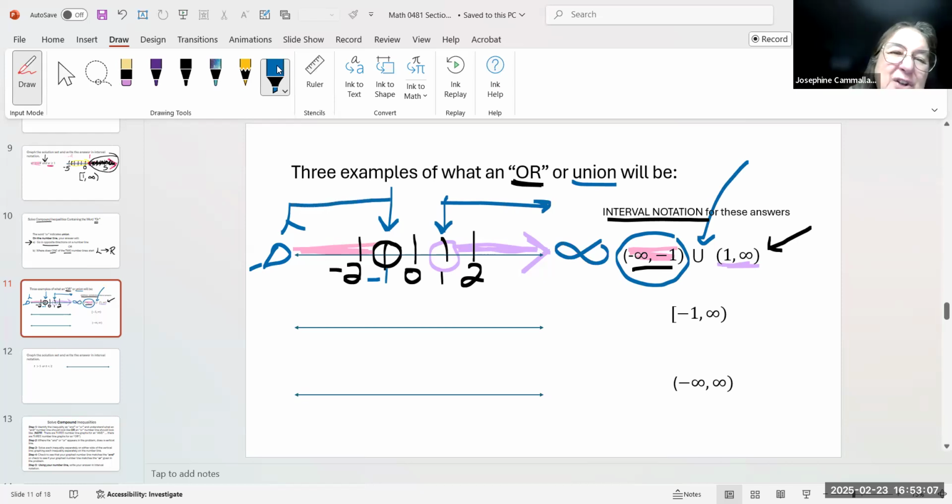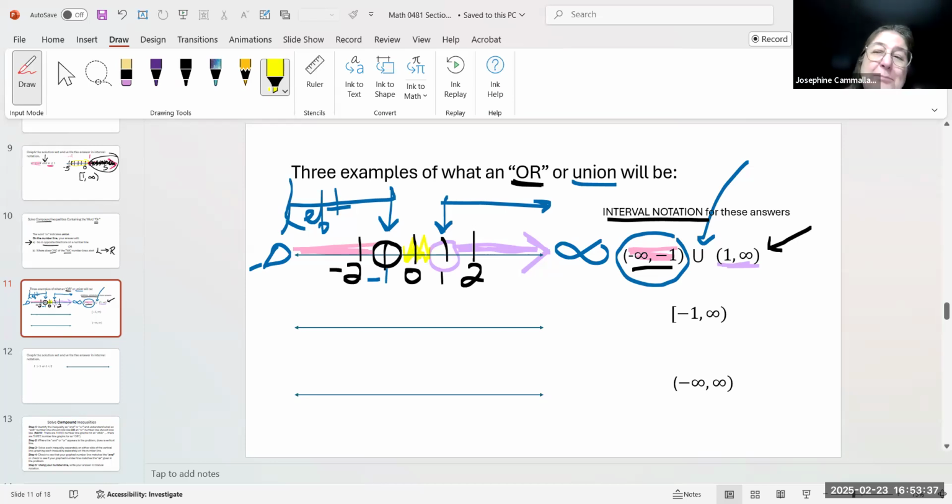I read left all the way to my first dot. Well, that U is dealing with this space in the middle that doesn't get used. That union says I have a hole. Okay, and notice my pink and my purple go in opposite directions.